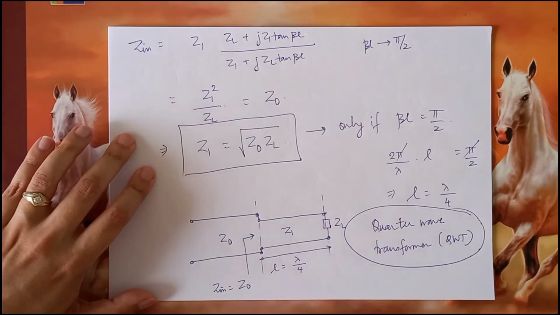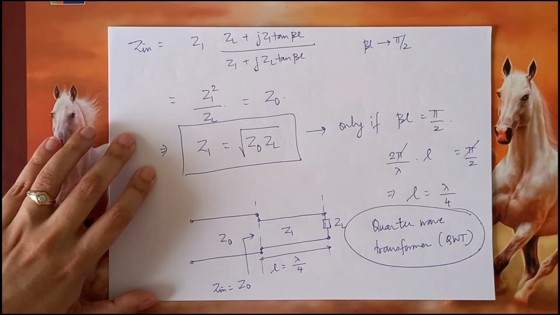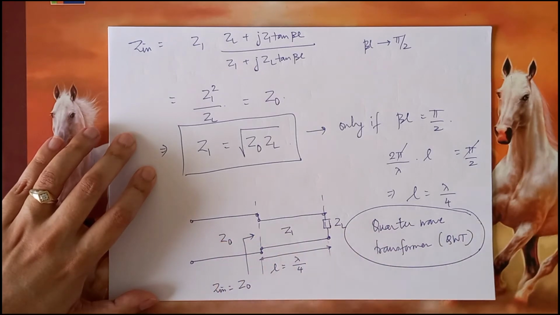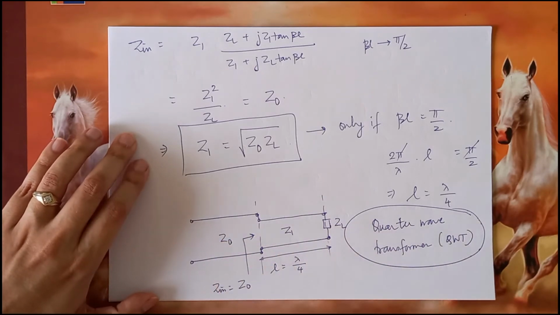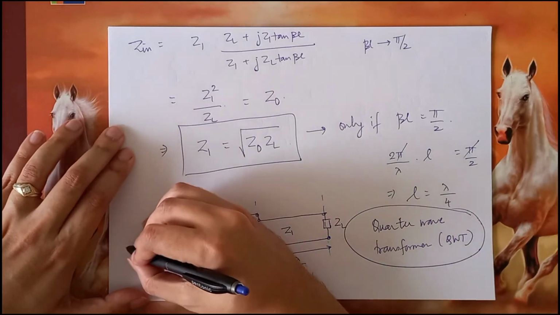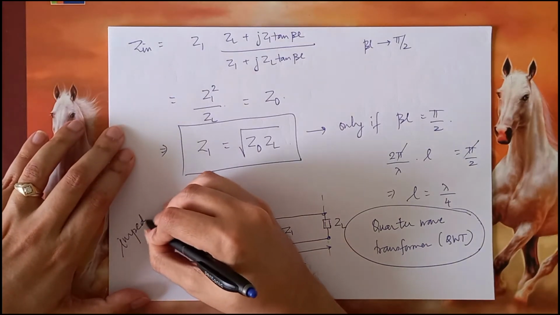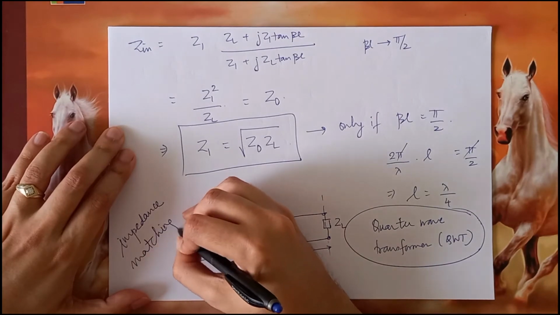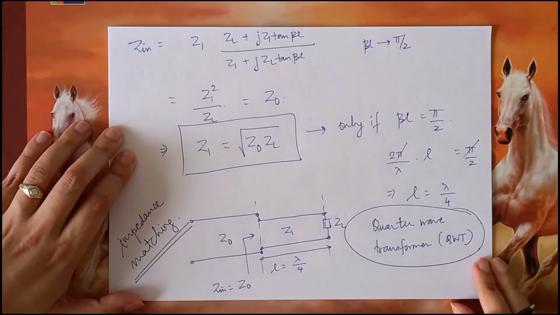So this process of minimizing reflections, even when the load and the characteristic impedance of the line are not equal, this approach is called impedance matching.